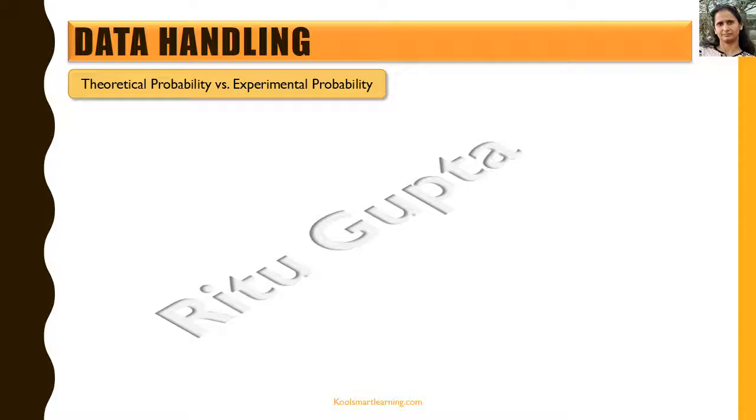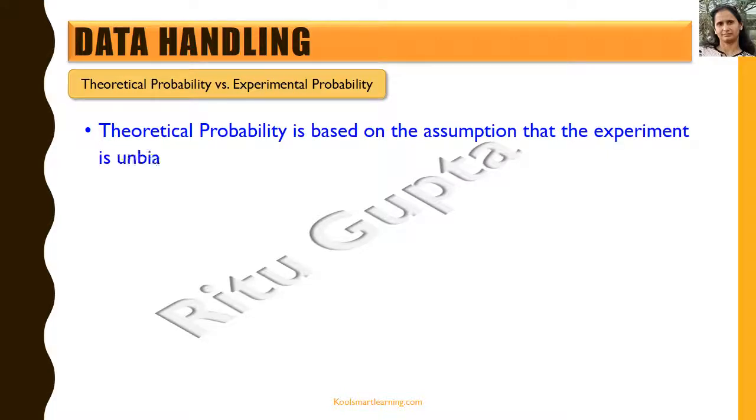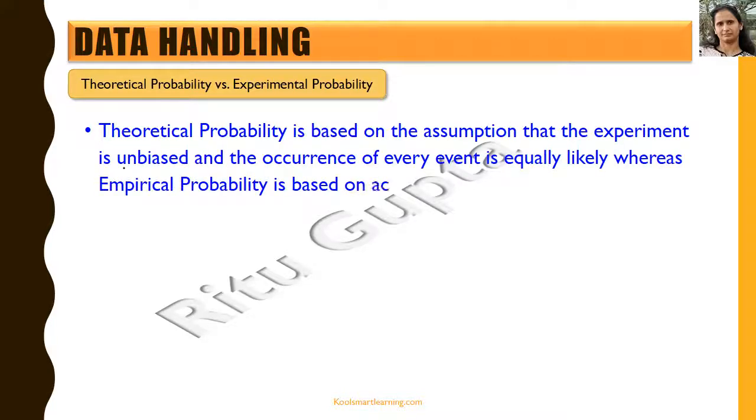Now friends, let's try to understand what is the difference between theoretical probability and experimental probability. First of all, theoretical probability is based on the assumption that the experiment is unbiased. So the first thing that we said is when we do the theoretical probability, we always say it's a fair coin, it's a fair dice, it's an unbiased dice and things like that.